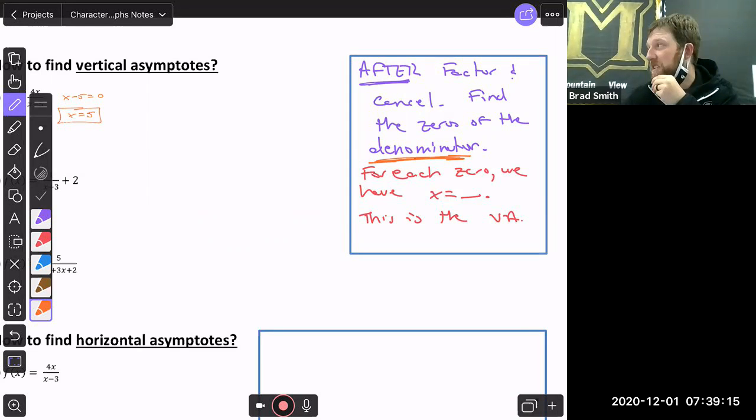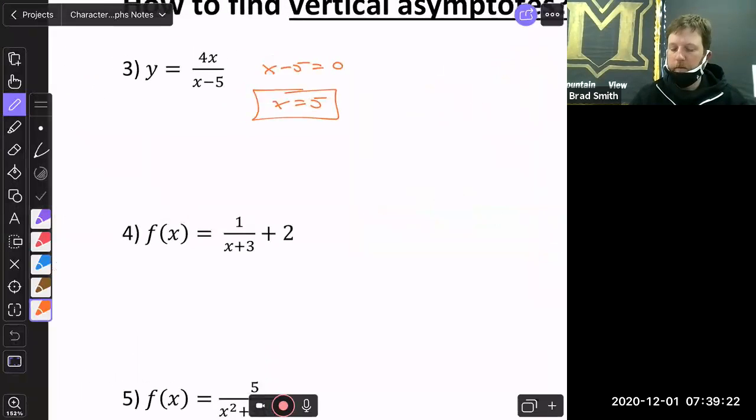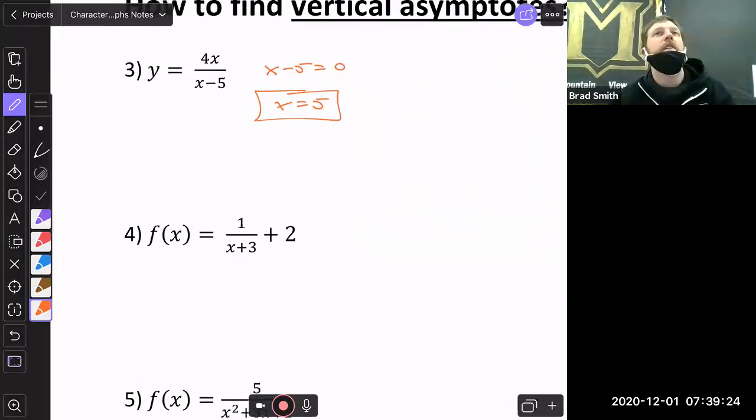Yep, I'm just not writing vertical asymptote. Gotcha. So all it is here, you're taking the denominator, nothing cancels because nothing's factorable there. Set the denominator equal to 0, solve for x. And it's always going to be x equals the number. If you forget the x equals, I will take off because it is a line, not a number or a point.